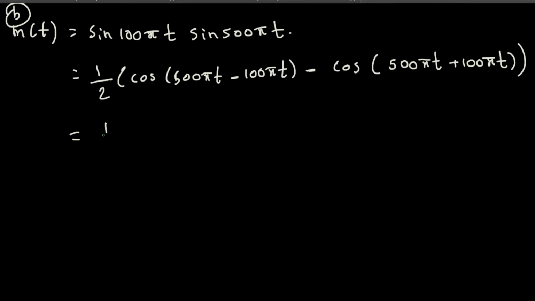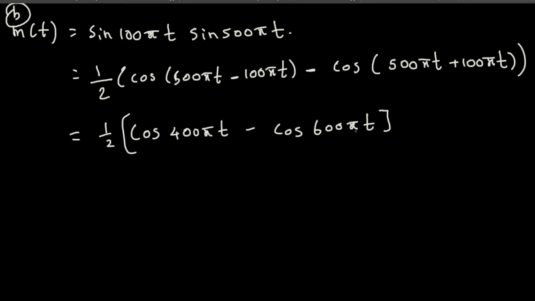And if you simplify this one, this is going to be half cos 400 pi t minus cos 600 pi t. And finally we can multiply both of them by half as well.